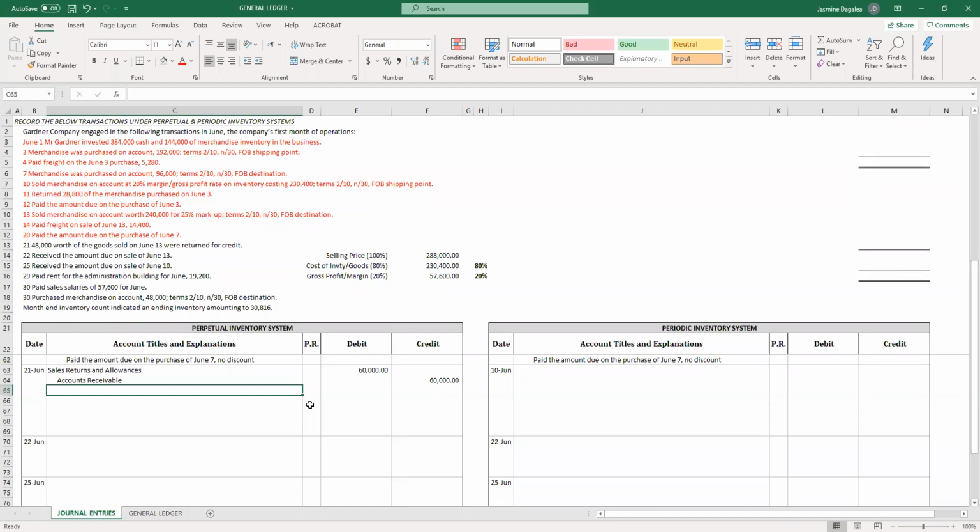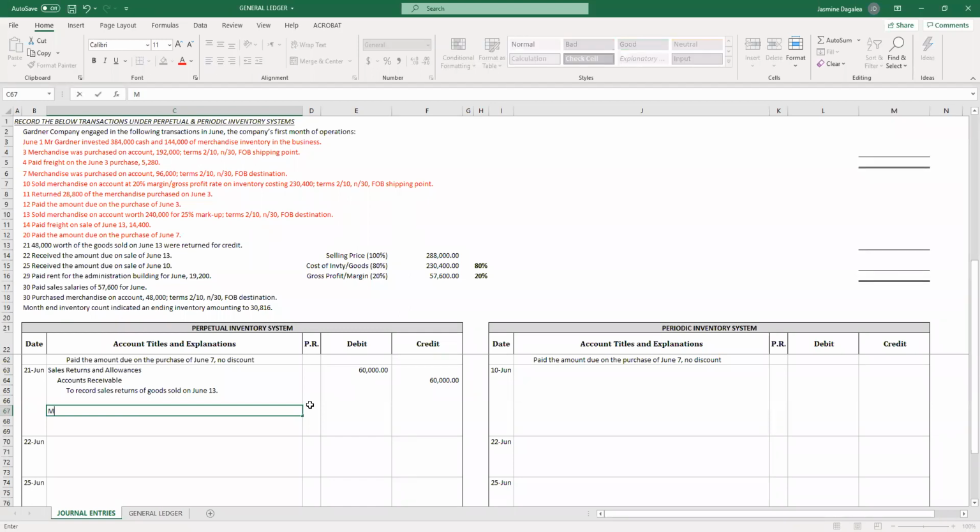So, June 21, to record sales returns of goods sold on June 13. And then, the follow-up entry under perpetual: debit merchandise inventory. Yes, merchandise inventory kasi binalik sa inyo eh.